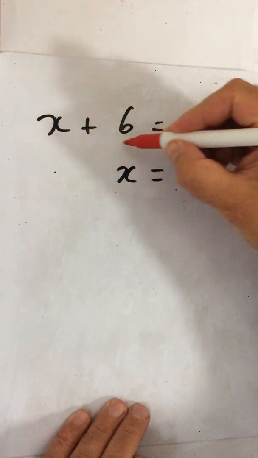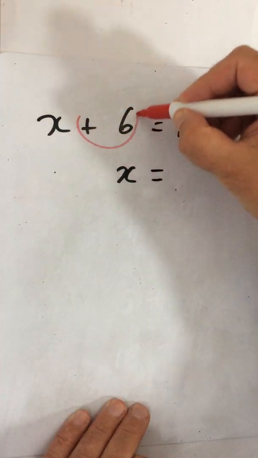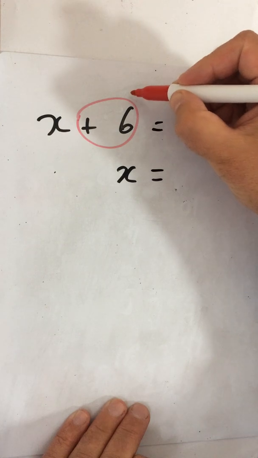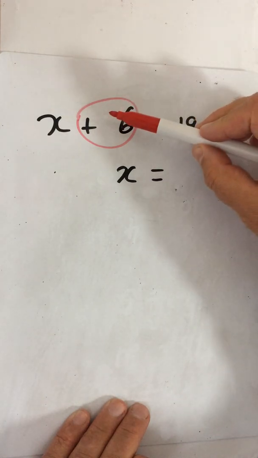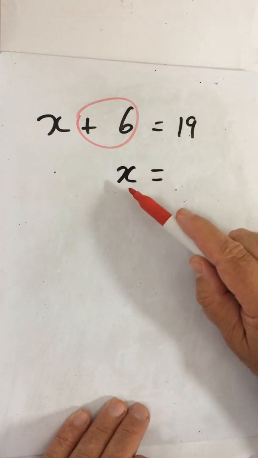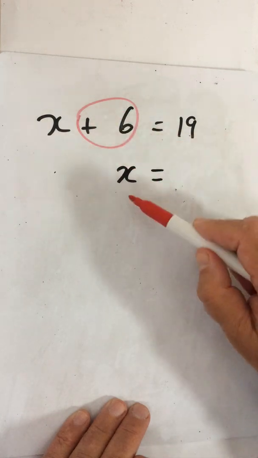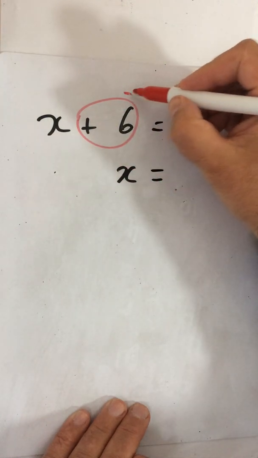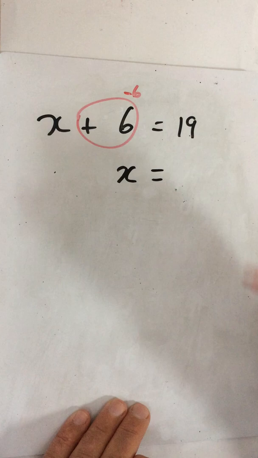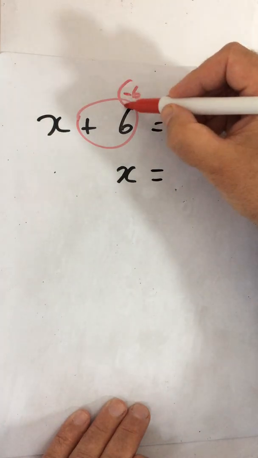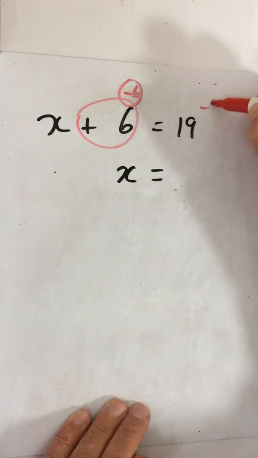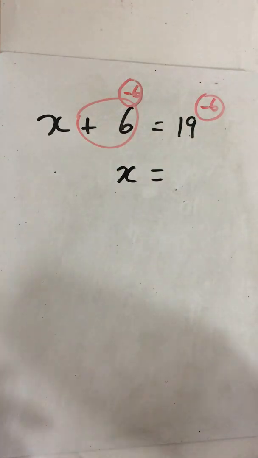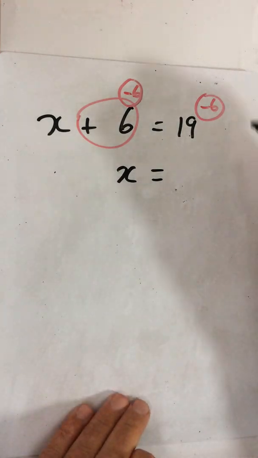So this is a positive 6 here. I need to get rid of this first of all, to leave me with x. To get rid of that, I need to take 6 away from it. And because this is called the balancing method, I do minus 6 on the other side. So I do that to both sides.